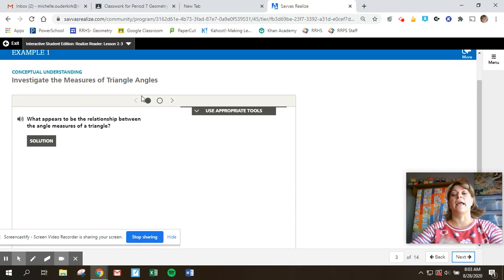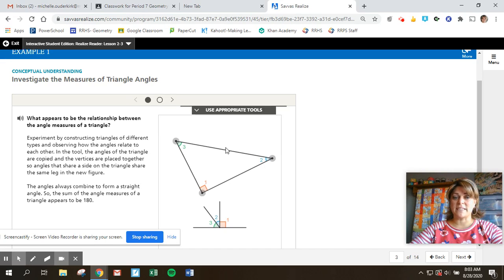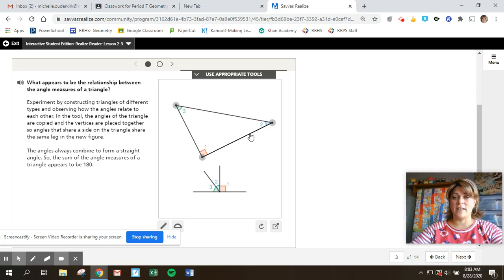Angles in a triangle have a certain measure. A lot of you already know that, so I'm going to have the solution up here. This is an amazing visual. Basically, it took angles 1, 2, and 3 and lined them all up. So if I cut this triangle up and ripped off angle 1, angle 2, and angle 3 and lined them all up, they would make this straight line.